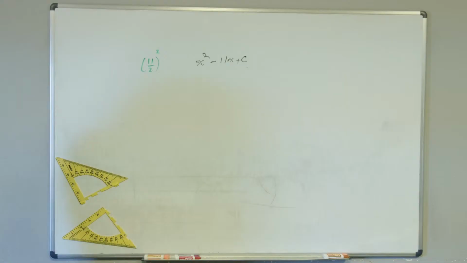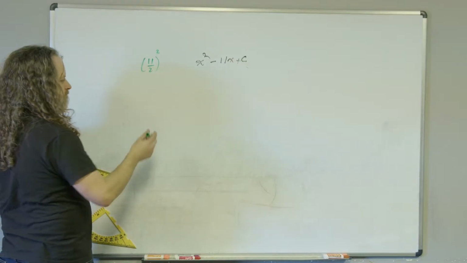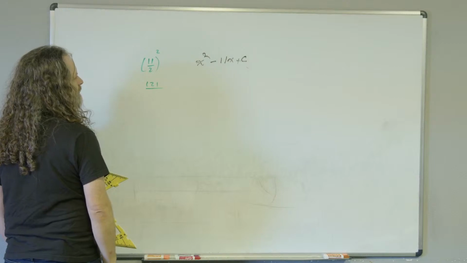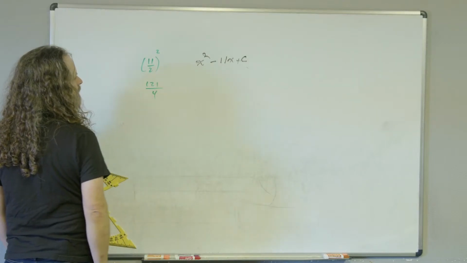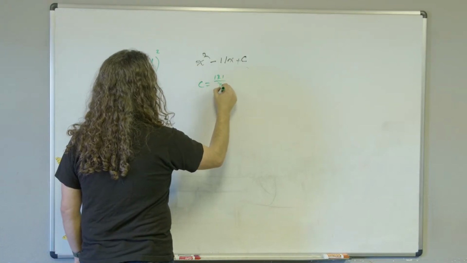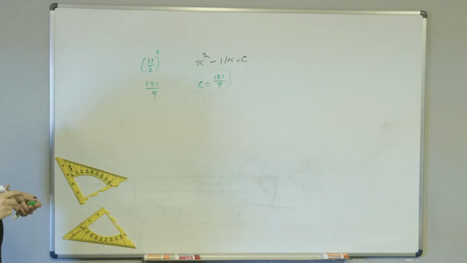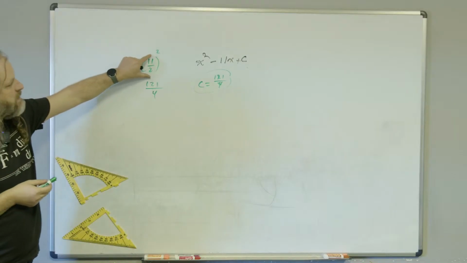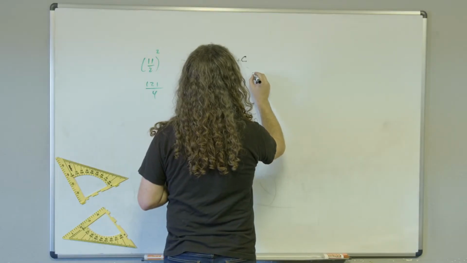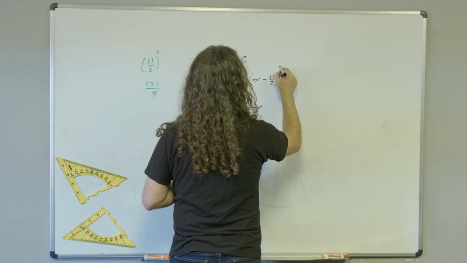Uh-oh, that doesn't turn out pretty. What's 11 squared? 121. What's 2 squared? So c equals 121 fourths. And then when we factor, it always factors into this middle one, right? So just x minus 11 halves squared.